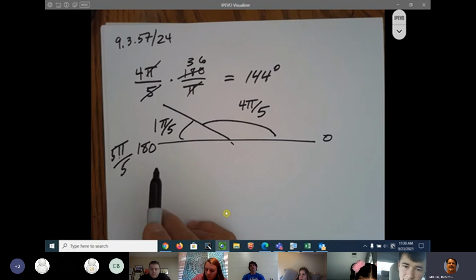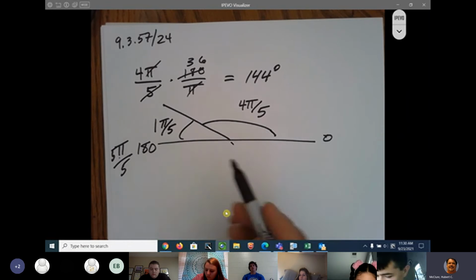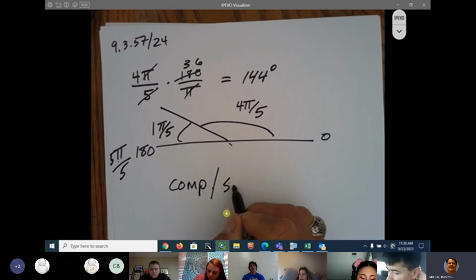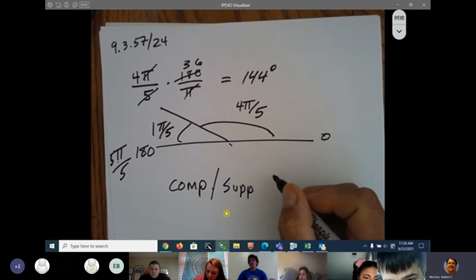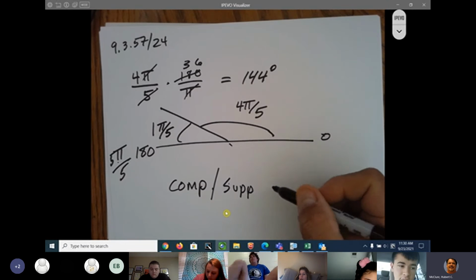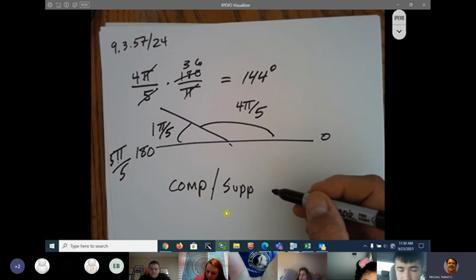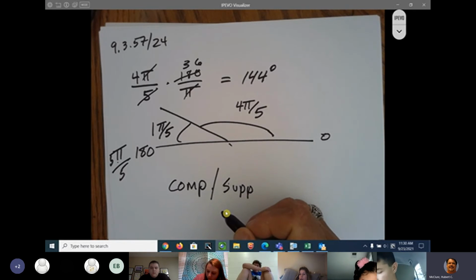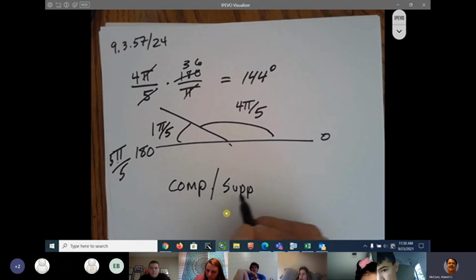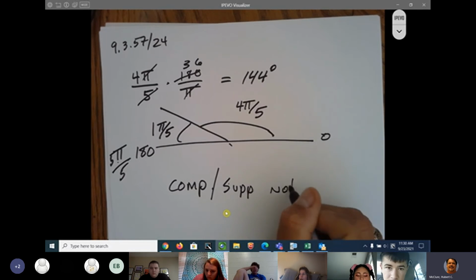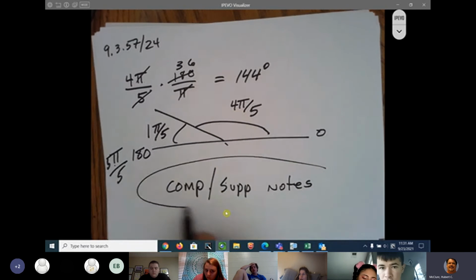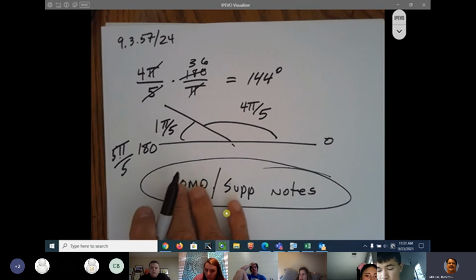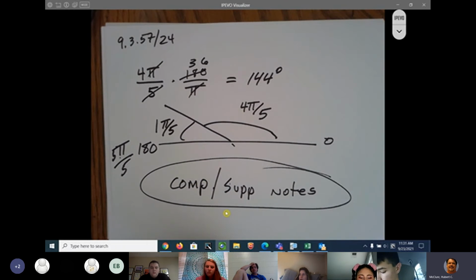Now, we did this in supplementary and complementary angles, so you might want to look back at your notes on complementary and supplementary angles. Somebody look in your notebook and tell me what date we went over complementary and supplementary angles, and then you could watch that video for that date.